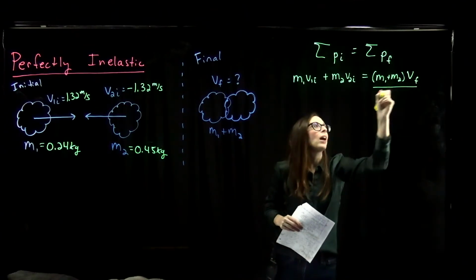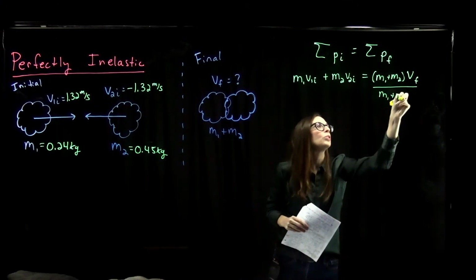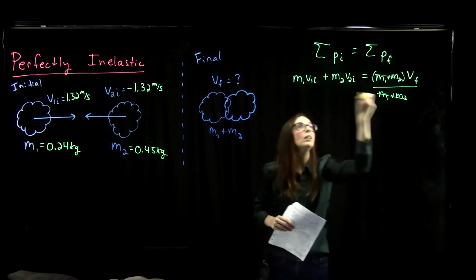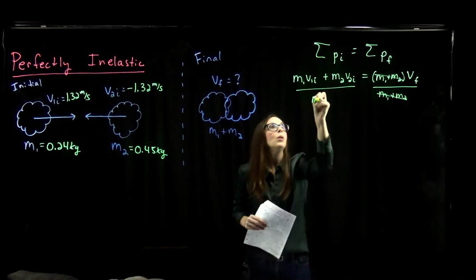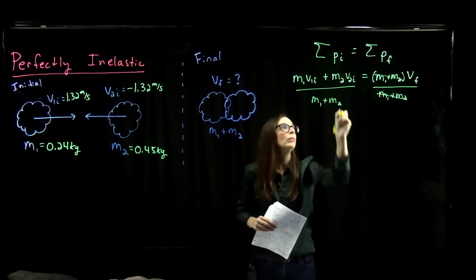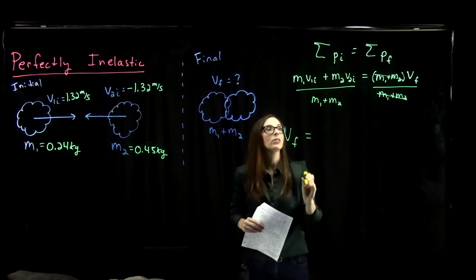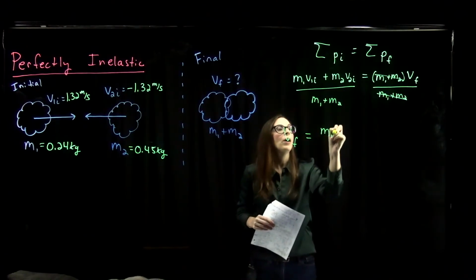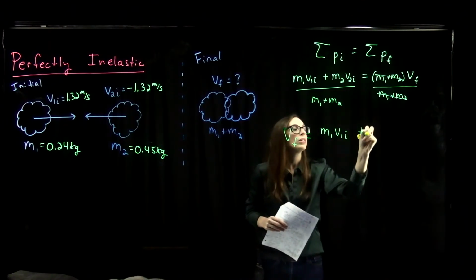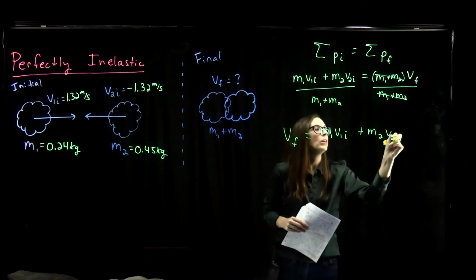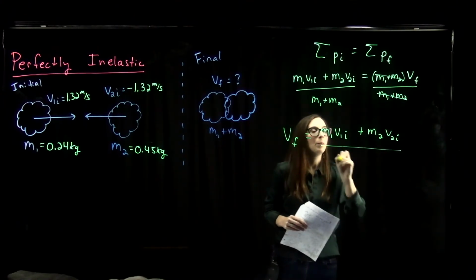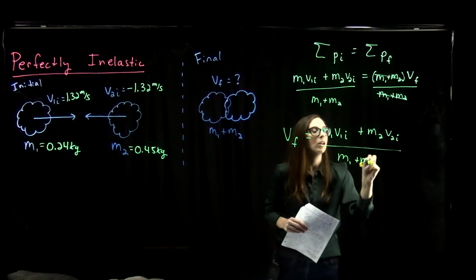So I divide both sides by m1 plus m2. It cancels those here. So V final equals m1 v1 initial plus m2 v2 initial, all over m1 plus m2.